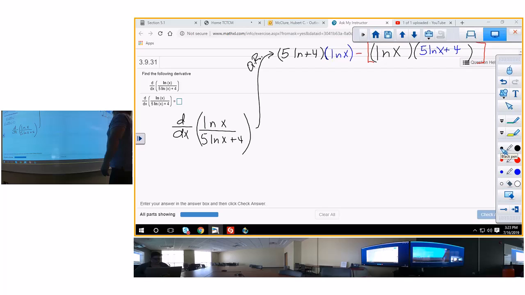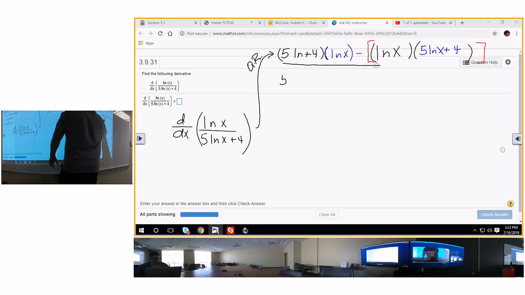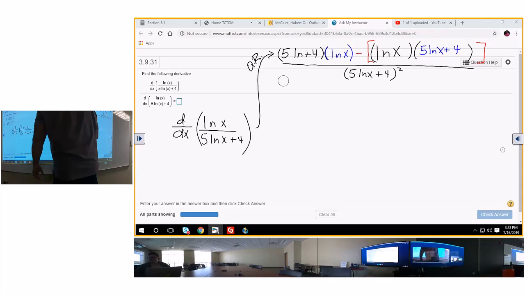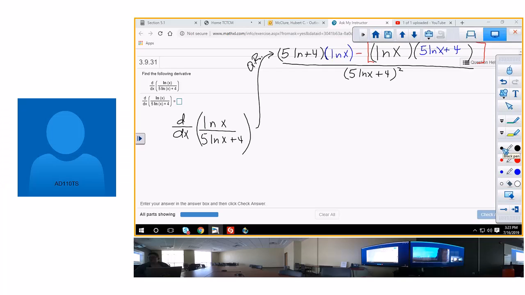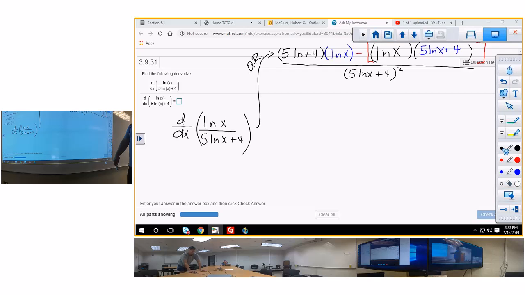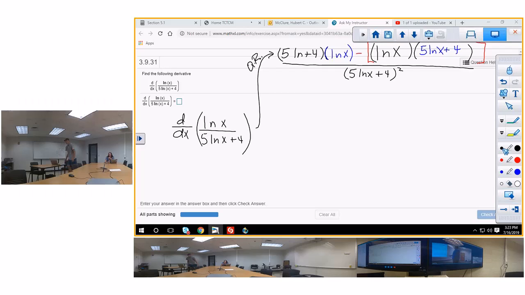So now we're going to have 5 over denominator 5 natural log of x plus 4 raised to the second power. What happened to the square? I'm going to do it on the next step. Does everybody got a question? Okay.